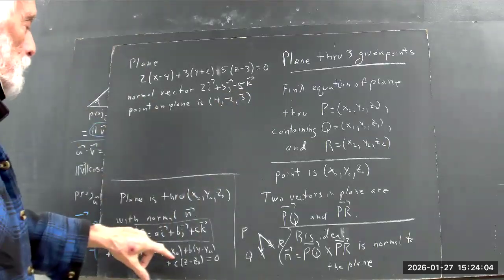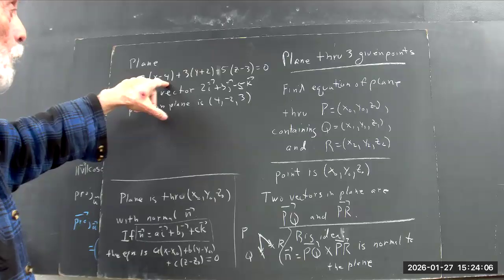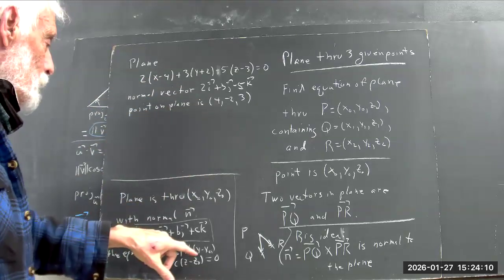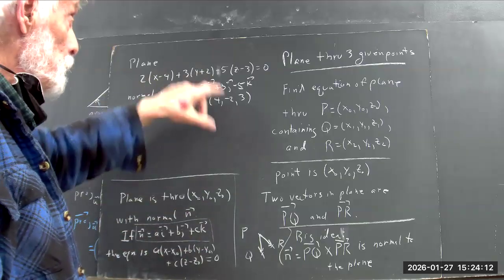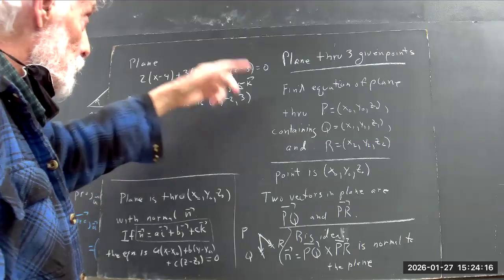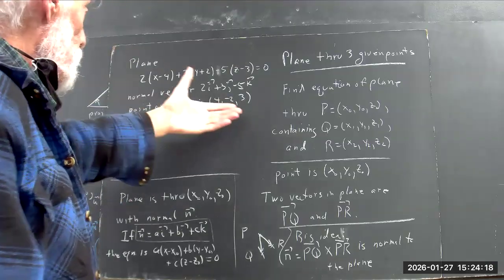Because of course, x minus x naught is x minus 4, that means x naught would be 4. And if y minus y naught is y plus 2, that means y naught had better be -2, and so forth. Okay, so there we have it.